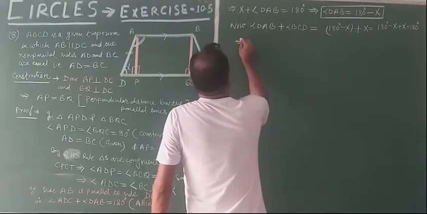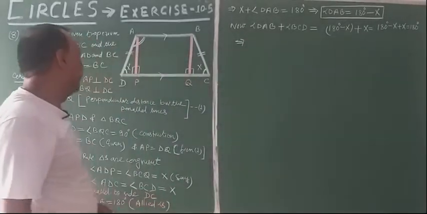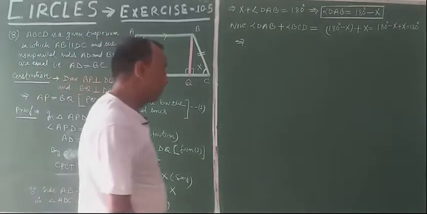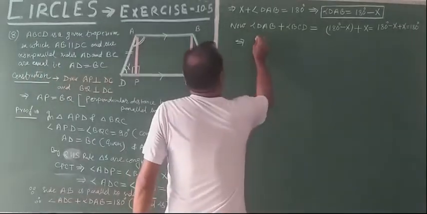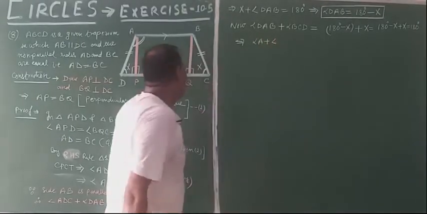Okay, now tell me, what is angle DAB? This is angle A of trapezium ABCD, plus what is angle BCD?